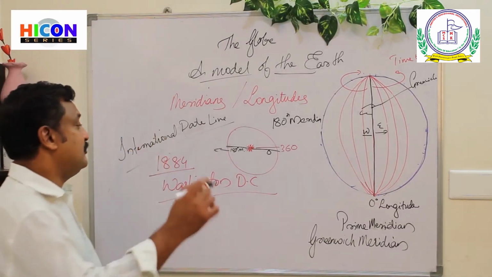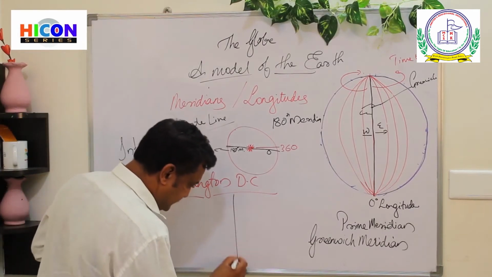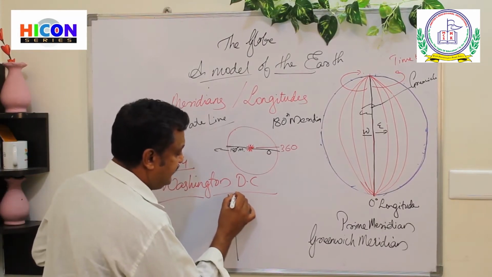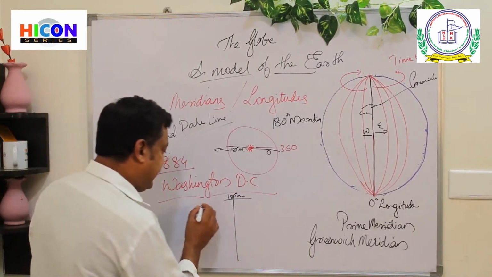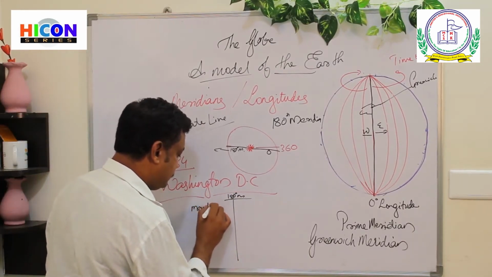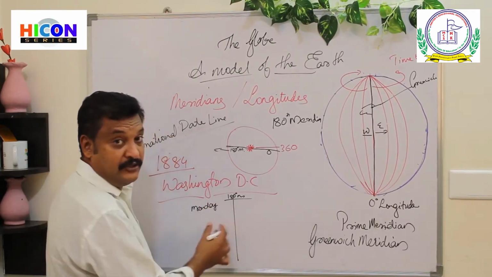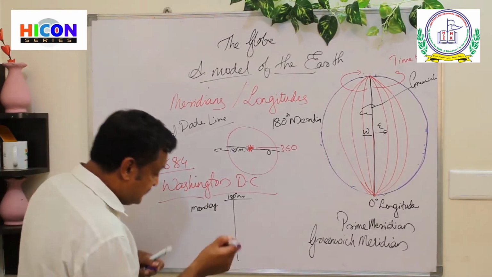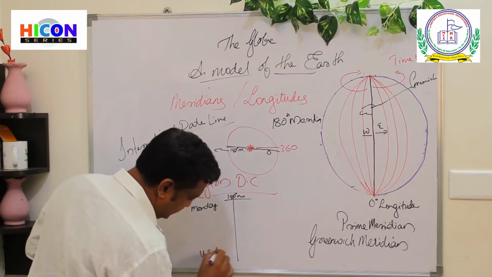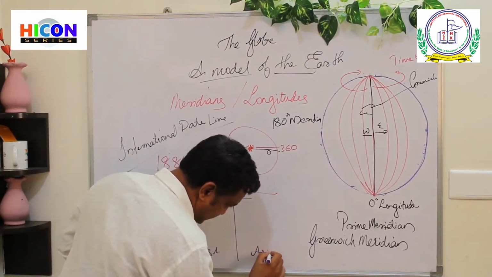So the 0 degree longitude is a timeline and the 180 degree longitude is a date line. For example, imagine this is the 180 degree meridian. Okay, on Monday, and when you cover this, it comes as if this is the USA region and this is the Asia region.